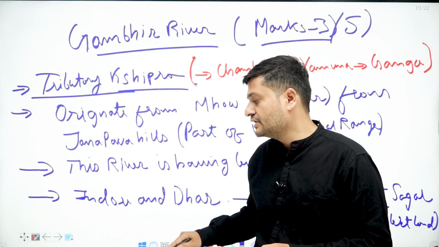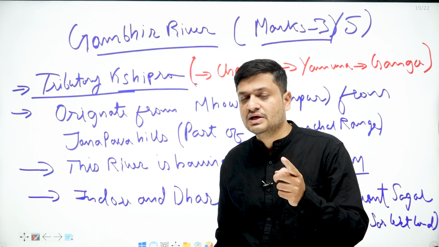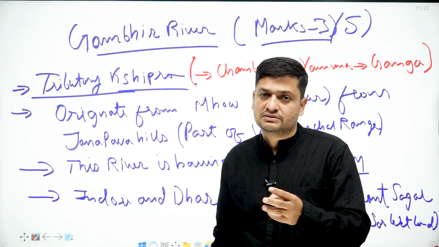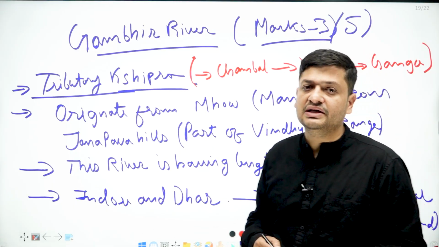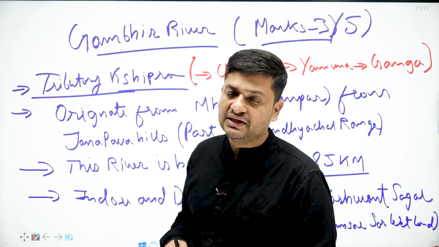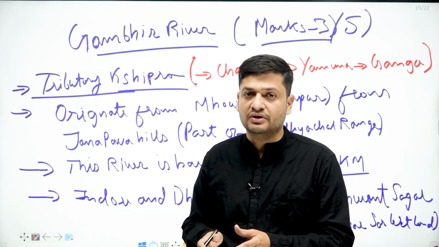Please do remember about it. 3 rivers originated from the same part: Mahi river, Chambal river, as well as the Gambhir river. Next, it has a length of 85 km, covering the districts of Dhar and Indore.